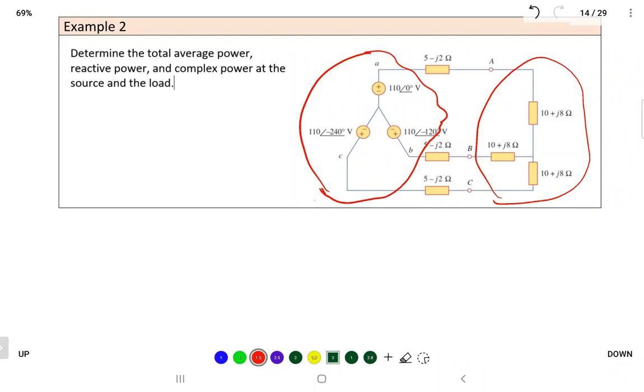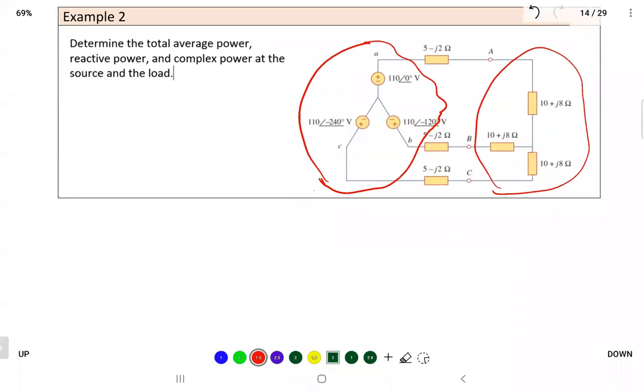To calculate the power, first you have to find the current, because the way to calculate the power is using the complex power, S. So how can you calculate that? You find the single-phase equivalent. That's one way to do it.